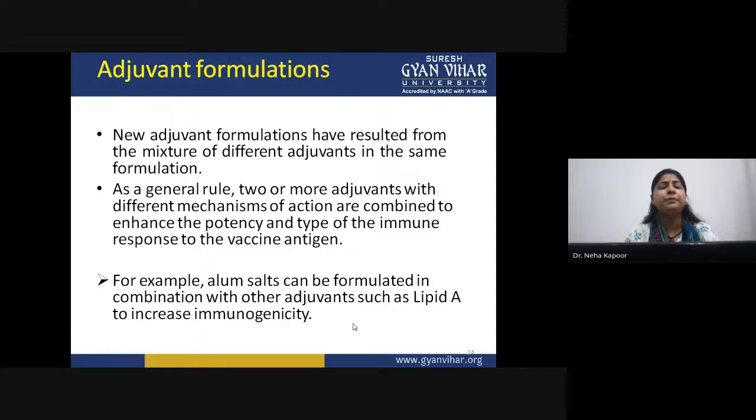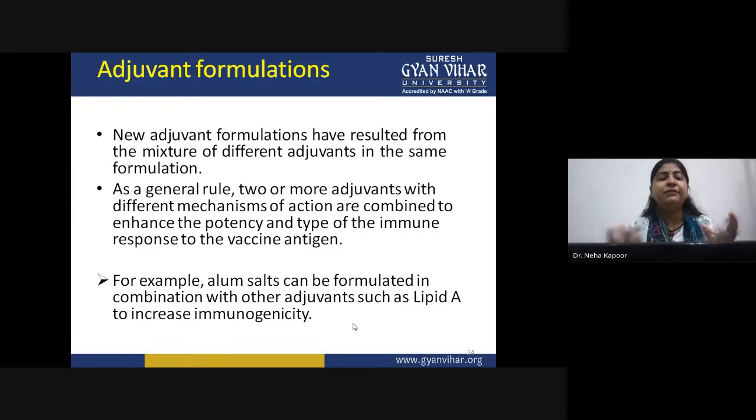How can we go about preparing an adjuvant formulation? The new adjuvant formulations that have resulted are basically designed from a mixture of different adjuvants in the same formulation. That means we combine different classes of adjuvants so as to prepare one formulation. As a general rule, whenever we use two or more adjuvants with different mechanisms of action, they are combined.